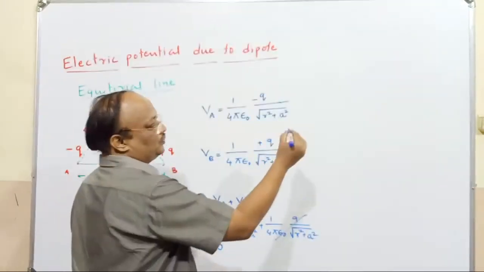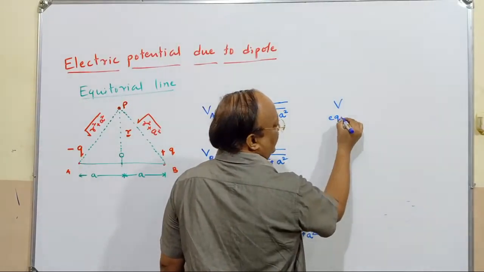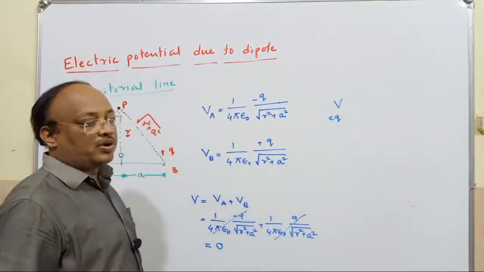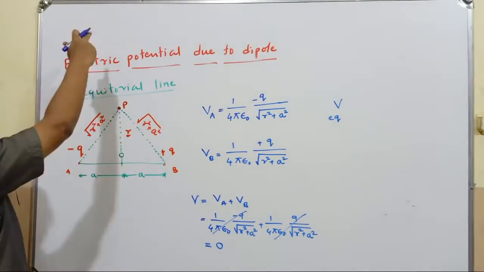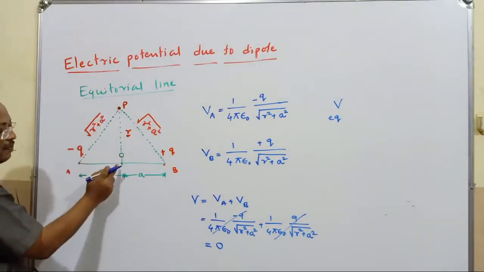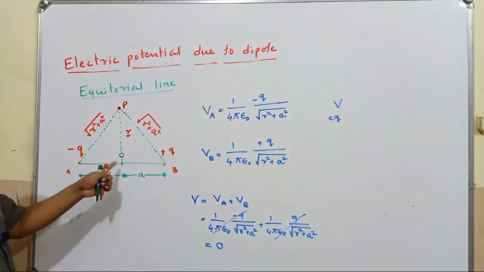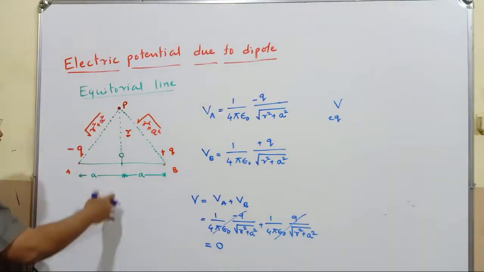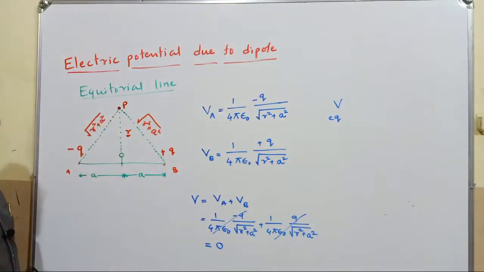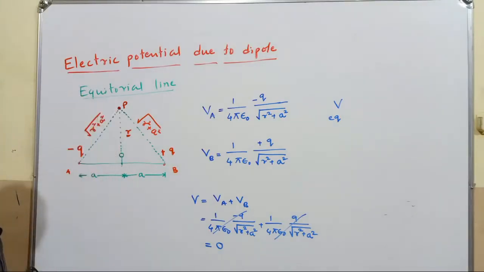So the potential anywhere on the equatorial line, which is the perpendicular bisector at the center, the potential due to the negative charge and the potential due to the positive charge will get cancelled.